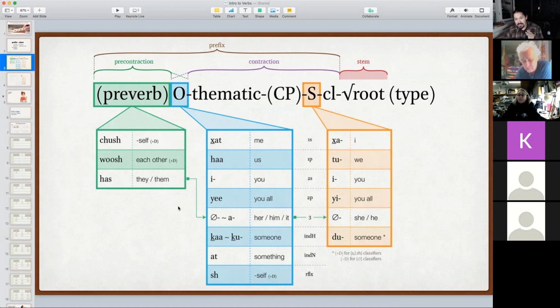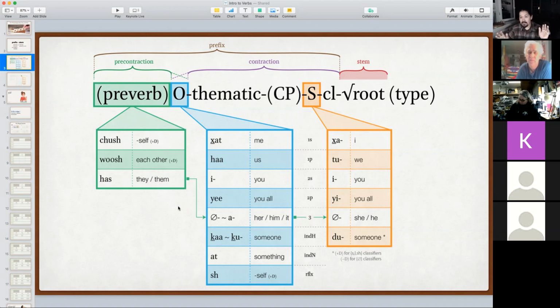Achide, achit, achin. Those are the three ways you'll usually hear it when it pops up in front of a verb. So you could say achin, with me, ha'in, with us. This is a different set of pronouns.